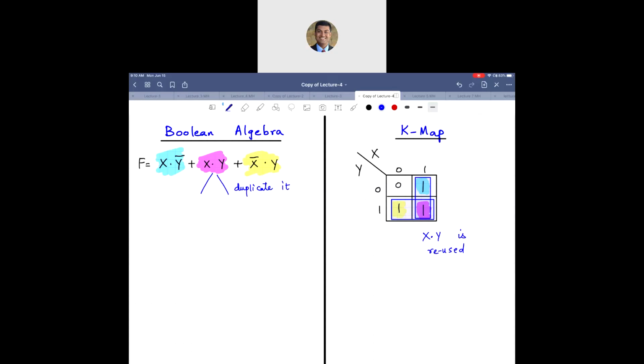But how do you know which term to duplicate? Well, now you know. By using the K-map background, you can understand which term you are going to be able to duplicate so that you can combine more. So what do you duplicate? You duplicate x and y as simply x and y, x and y. You are going to use it only in two cells, so you only combine twice. You duplicate only twice. You will leave the rest as is.